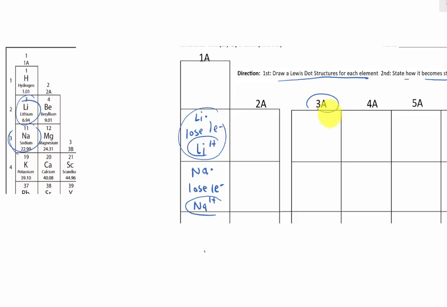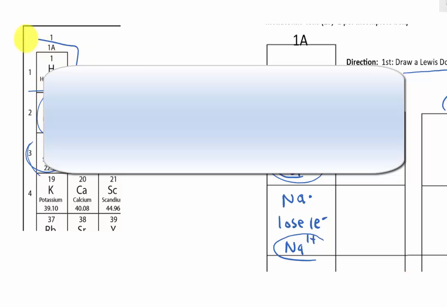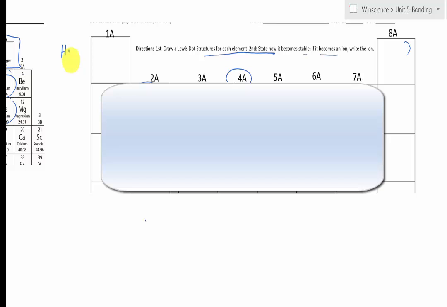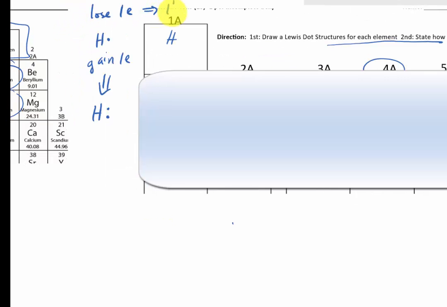Now, be careful to only do the A groups, okay? However, there is one exception to this rule, and that is hydrogen. That's why I didn't show it to you first. Hydrogen is very special because it has one valence electron. However, hydrogen can become stable in two different ways. One way is to gain one electron, and it would become like helium. But it can also become stable by losing one electron, and it becomes like this, with no electron at all.